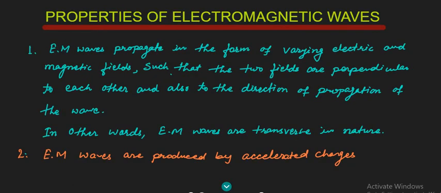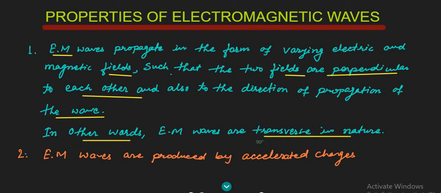Properties of EM waves: EM waves propagate in the form of varying electric and magnetic fields such that the two fields must be perpendicular to each other and also to the direction of propagation of the wave. In other words, EM waves are transverse in nature.